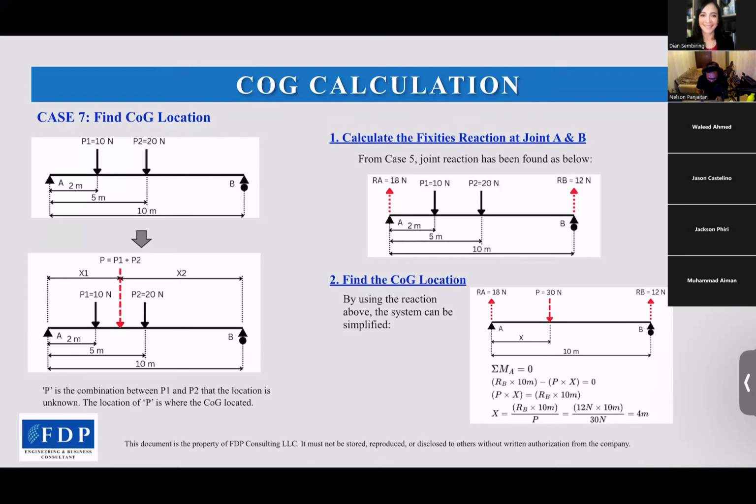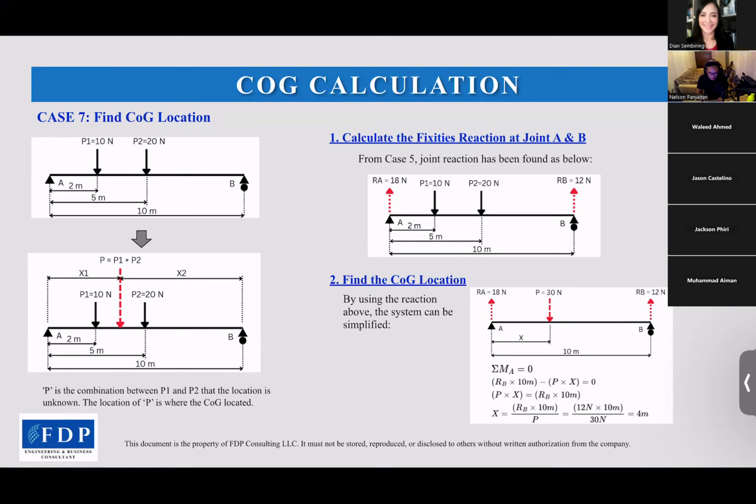So to find the COG calculation, for example, we have two forces acting on the system. Let's say it's a member A to B with a length of 10 meters. The forces are P1 equals 10 Newtons, and the second force is 20 Newtons, with 2 meters from A for P1 and 5 meters from A for P2.